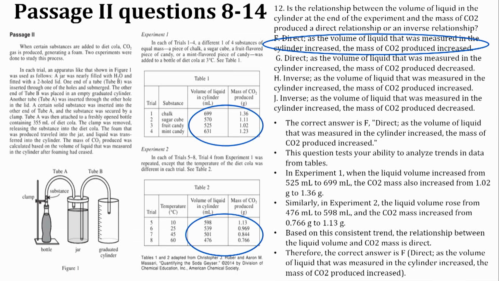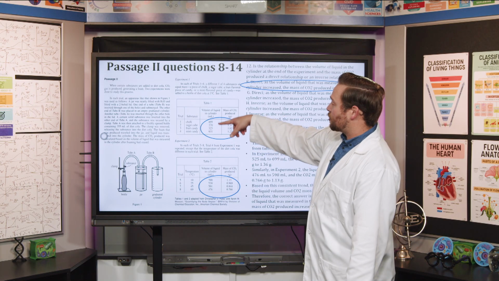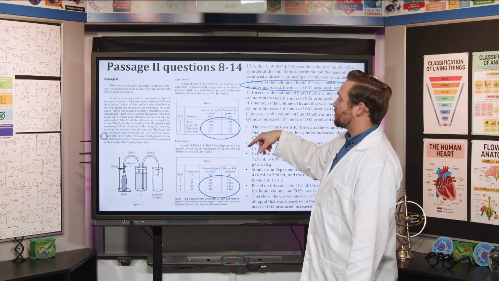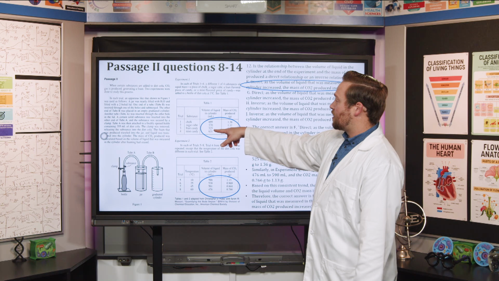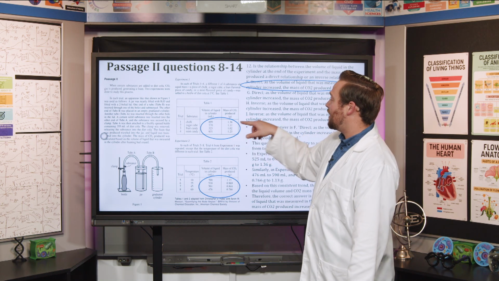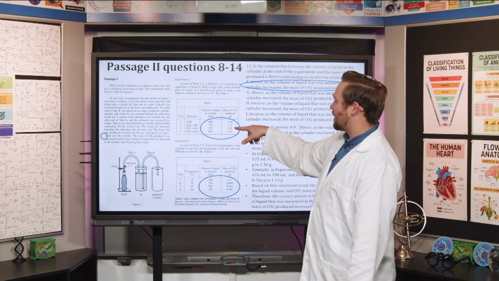Again, if you look at these two tables here, we want to be able to identify the trend that is happening. Here's the column that's talking about the amount of volume in the liquid. As this number increases, the amount of CO2 produced increases as well. You can see that the smallest number of volume for the liquid is 525, and that's also the least amount of carbon dioxide that was produced.